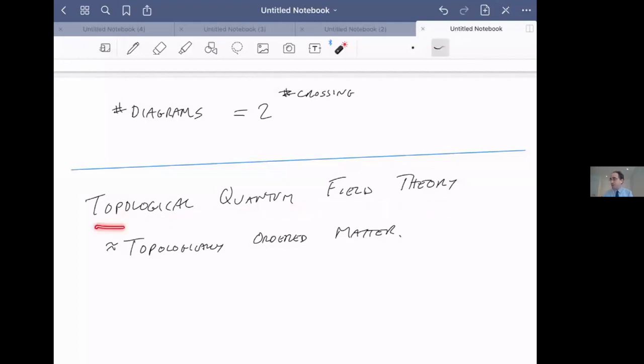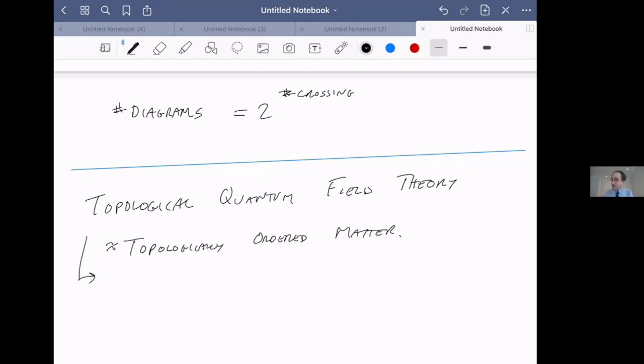So topological quantum field theory is a mathematical description of something we call topologically ordered matter. That seems like a rather self-referential definition, so let me define them both now.